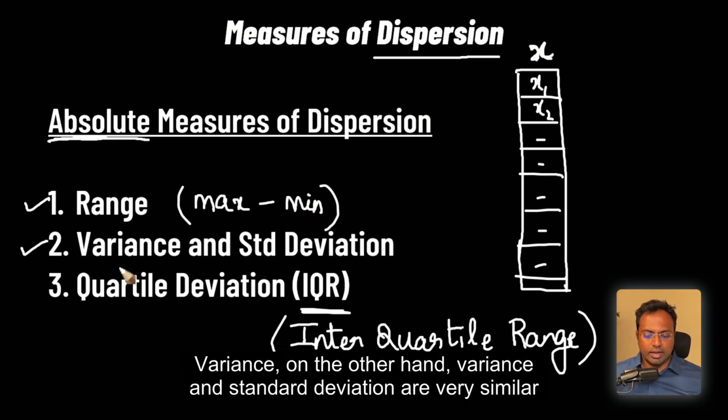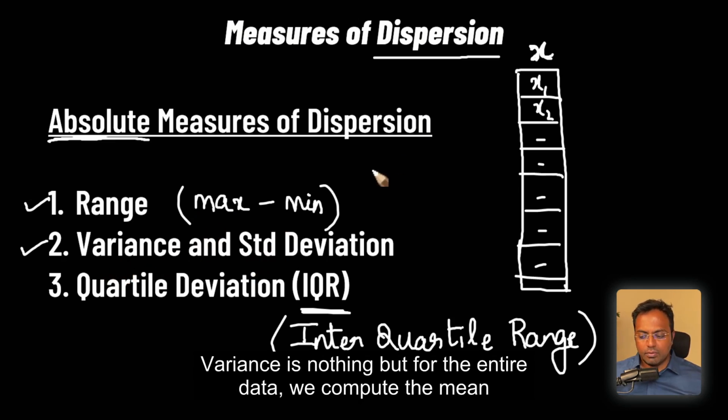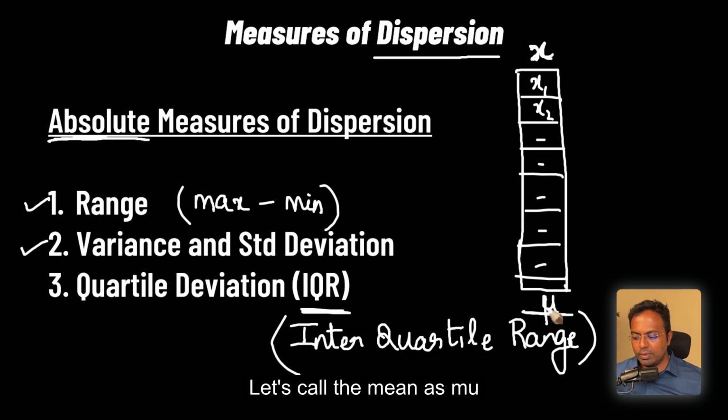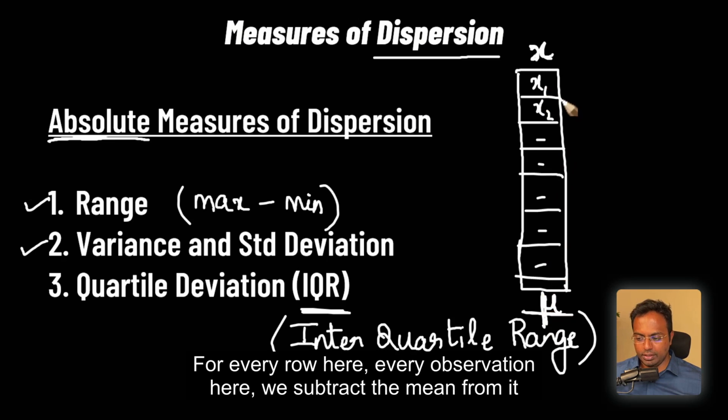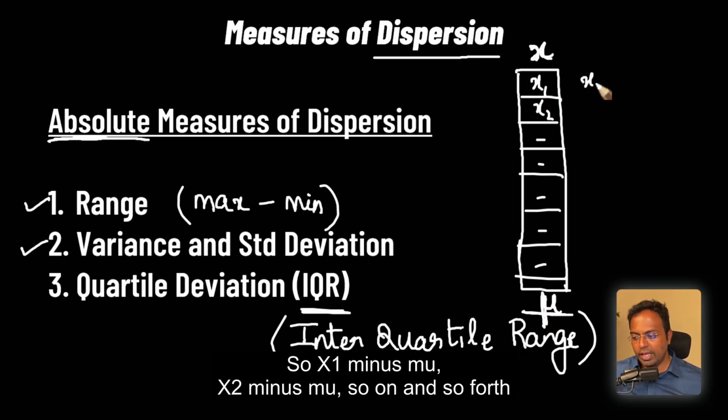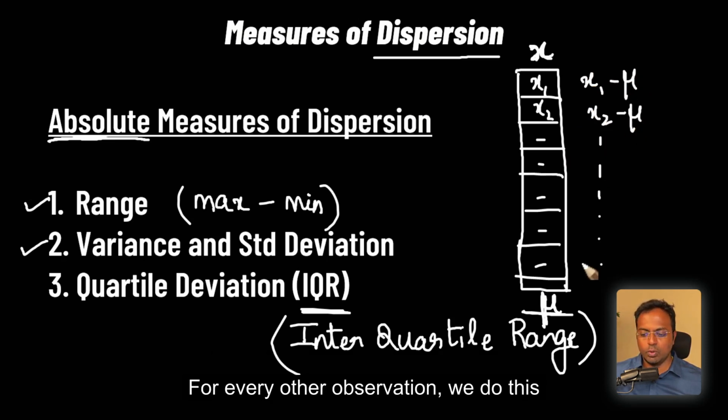Variance and standard deviation are very similar. For variance, for the entire data, we compute the mean. Let's call the mean mu. For every observation here, we subtract the mean from it. So x1 minus mu, x2 minus mu, so on and so forth. For every other observation, we do this.